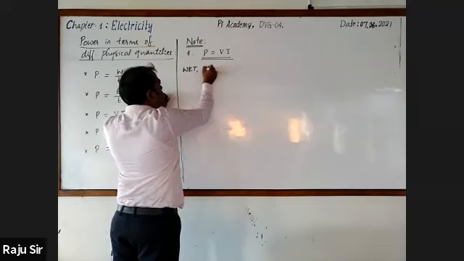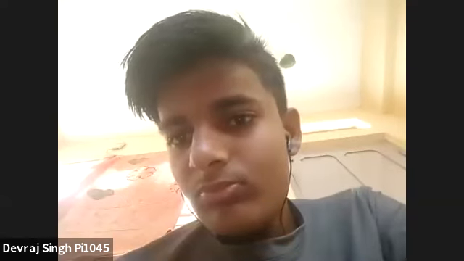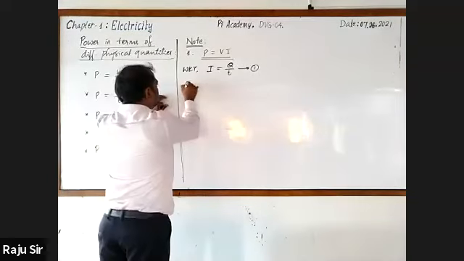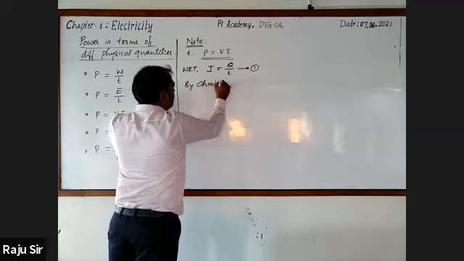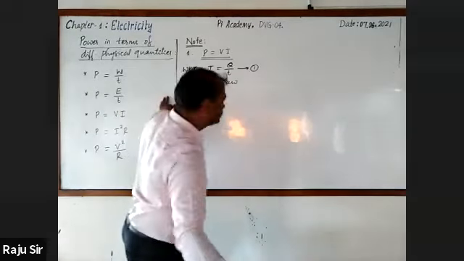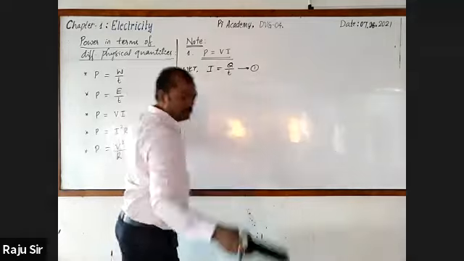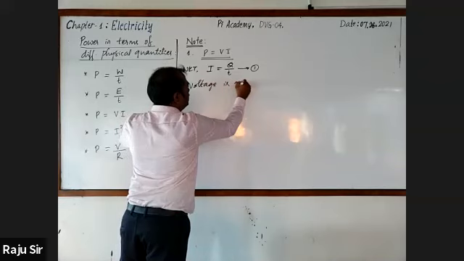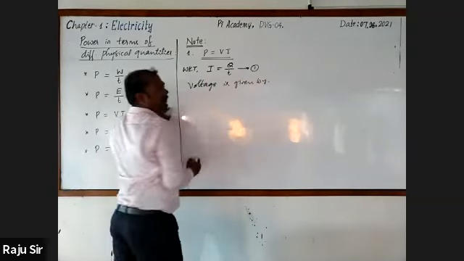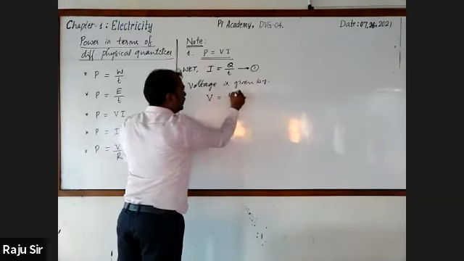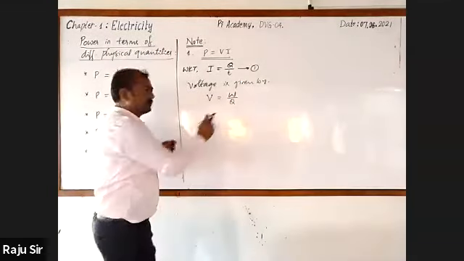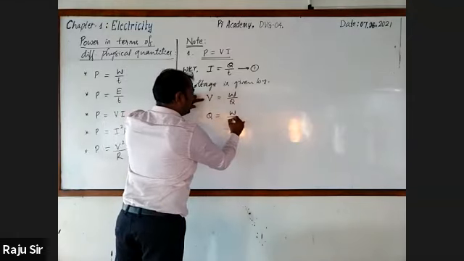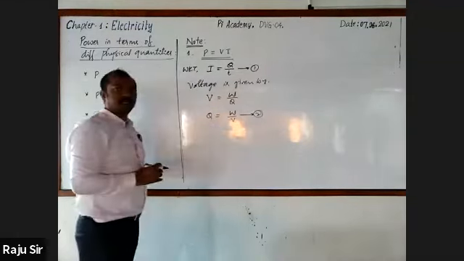We know that I is equal to Q by T. Let us call it equation 1. Next, by Ohm's law, voltage is given by V is equal to W by Q. In this, solve for Q. Q is equal to W by V. Call it statement 2.